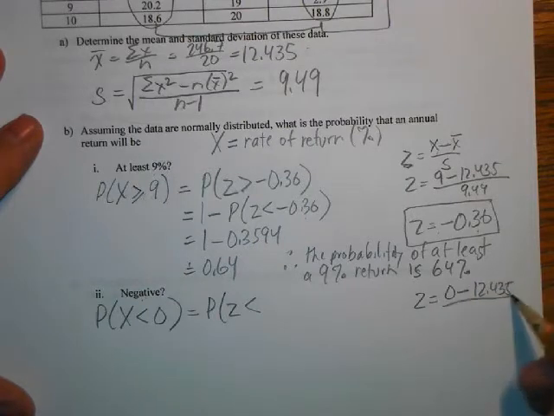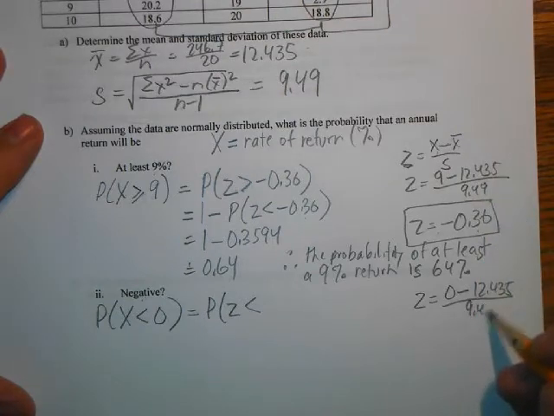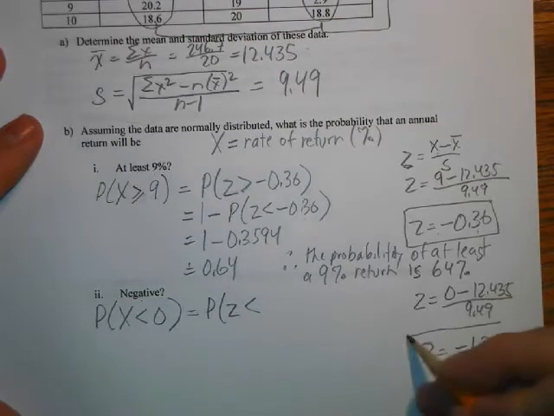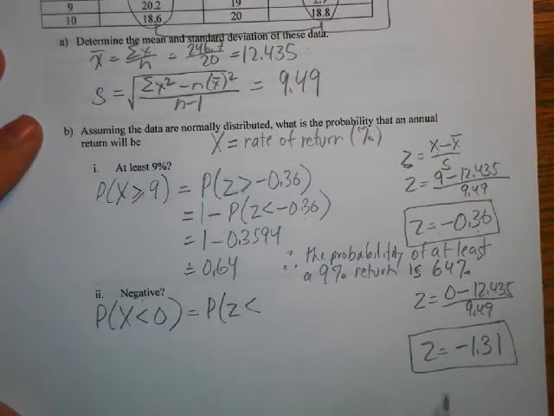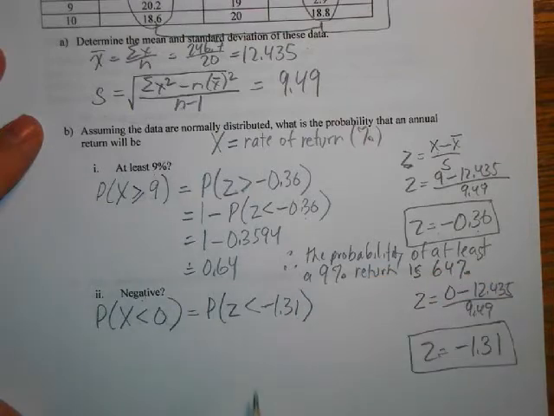12.435 over 9.49. And that gives us a value of z equal negative 1.31. Okay, so I replace that 0, which is the random variable x value, with an equivalent z-score, negative 1.31. And this time you can see z is less than, which means we just need to look up the table.